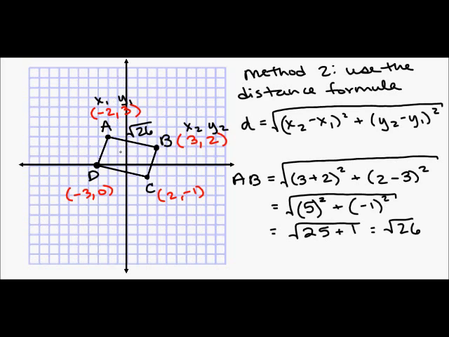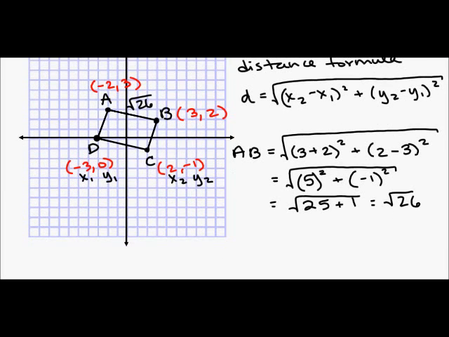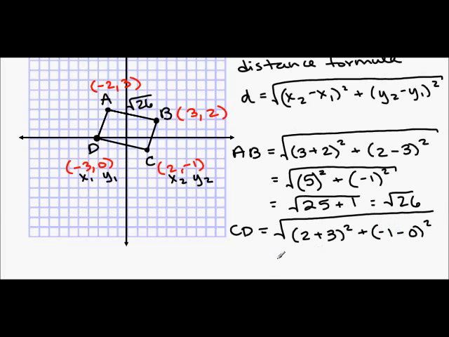Next, I want to see if CD is the same length as AB, because if it's not, then I definitely don't have a parallelogram. I'm just going to stop. So let me find CD. So again, I'm going to have the square root of x2 is 2 minus x1 is negative 3, so plus 3 squared, plus y2 is negative 1 minus y1 is 0 squared.